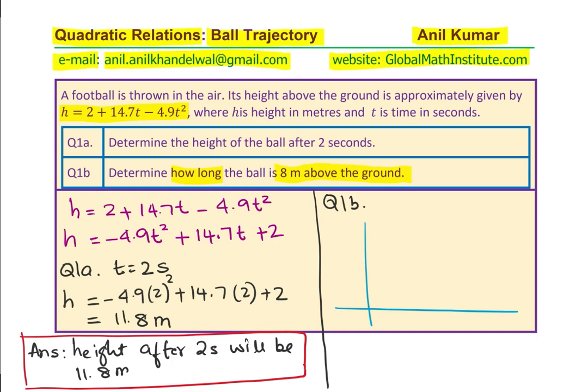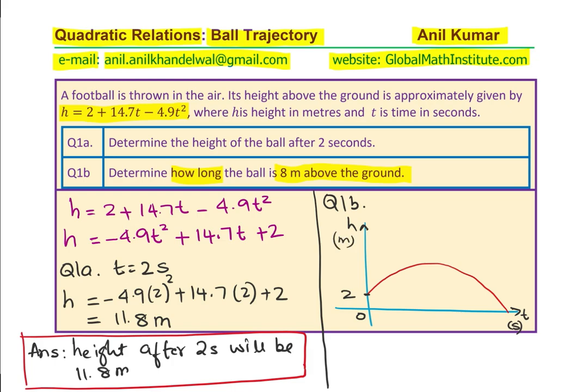When t is 0, the height is 2, and then it eventually falls to the ground. So the trajectory of the ball will be something like this, right? Clearly from what is given to us, this point is at 2. That is your height h, and this is the time t. Time t is given in seconds and height is given in meters.